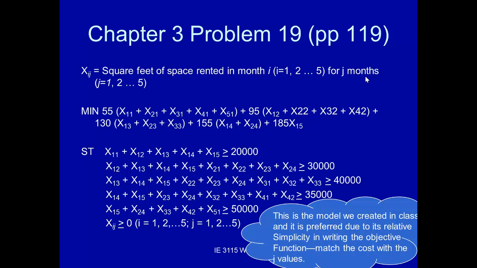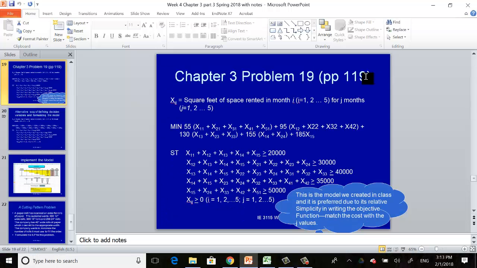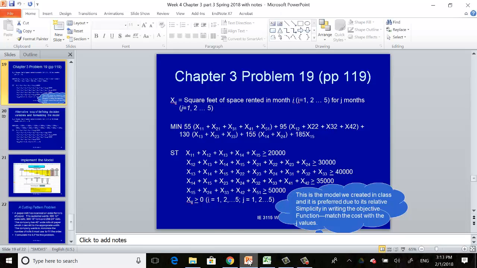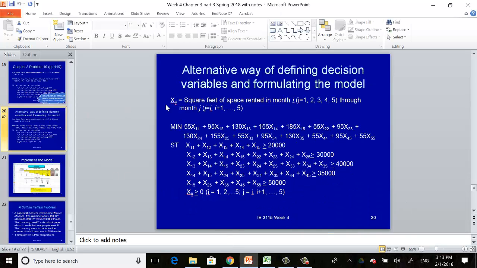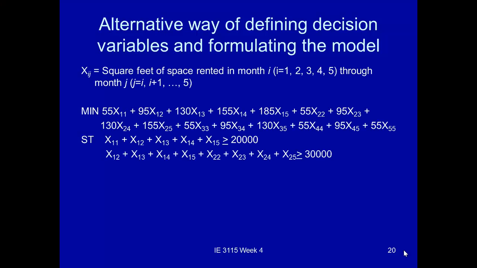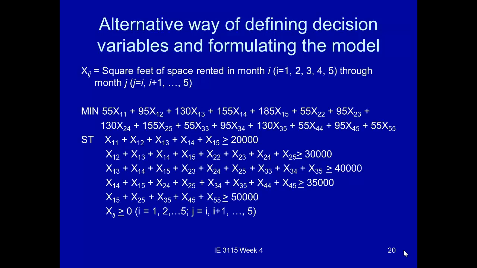Then make a copy of your spreadsheet, or actually you don't need to make a copy. I'll ask you to formulate in this way on your spreadsheet. You use this definition here, rented in month I through month J. So the formulation here will be different.